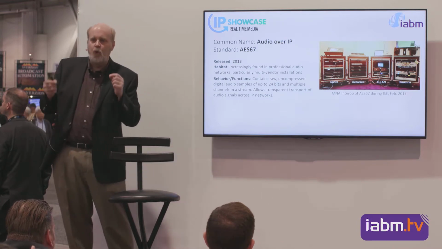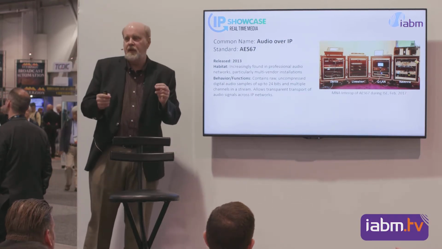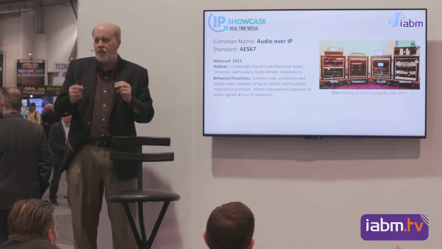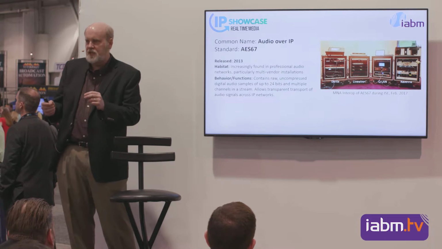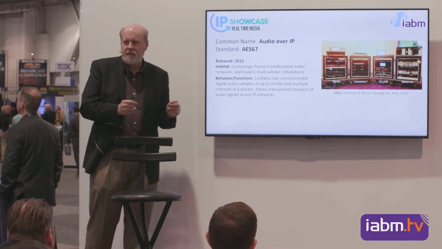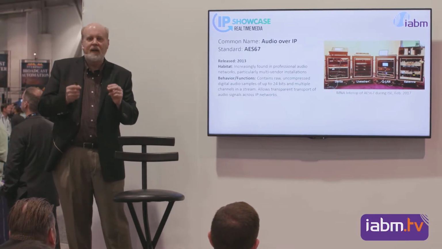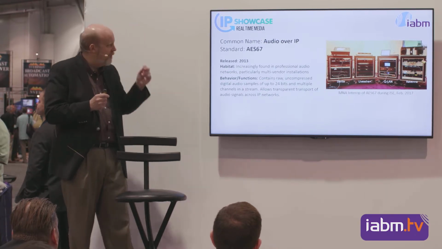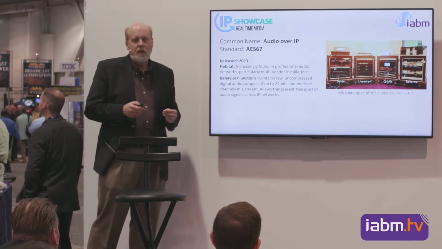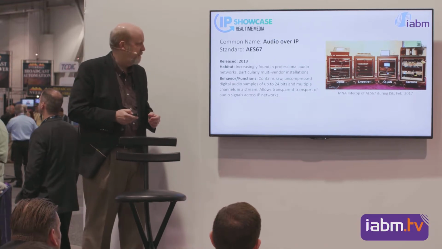It takes raw, uncompressed audio and puts it directly into IP packets. You do not have any kind of compression. You don't have any sample rate conversion. It is exactly what comes out of your analog to digital converter, goes directly into your AES-67 stream.